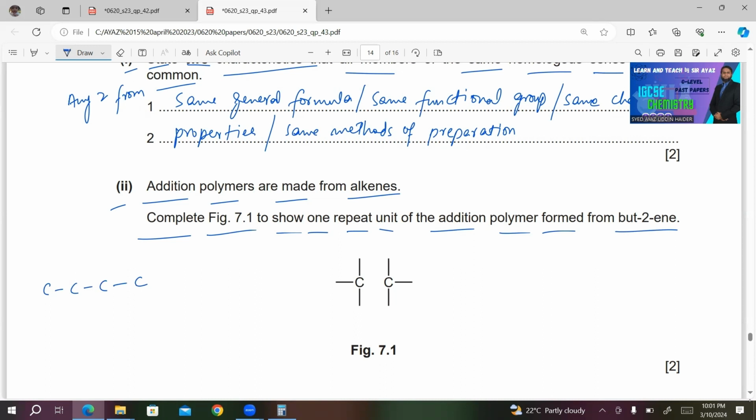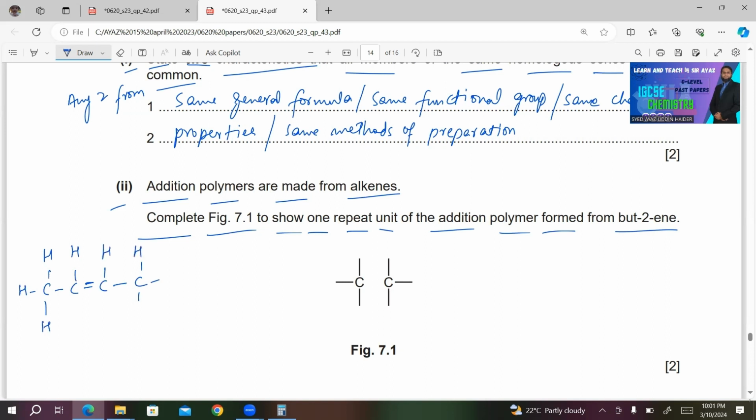It's up to you whether you start counting the carbon atoms from the right hand side or left hand side. You must have the double bond between these two. Let's saturate the carbon atoms. I will place hydrogen.